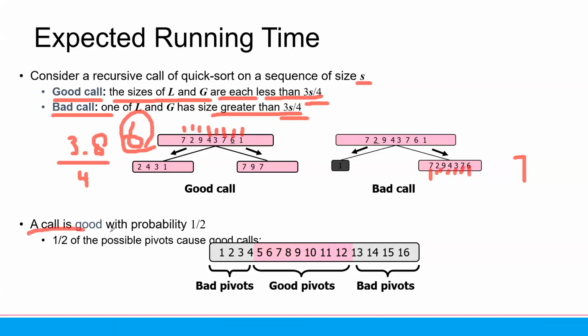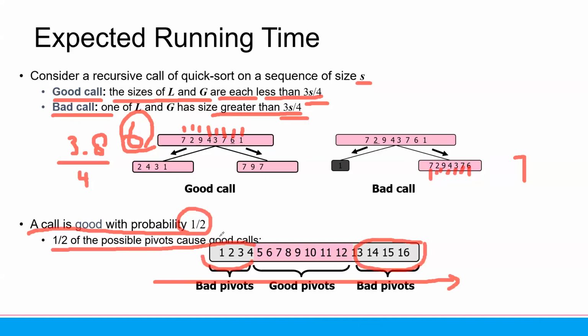A call is good with probability half. What is the meaning of probability half? Half of the possible pivots cause good calls. So let's say if we have a sequence like this, this part and this part will be bad pivots because this is the most minimum and this is the most maximum. So the good pivots will be in the middle.